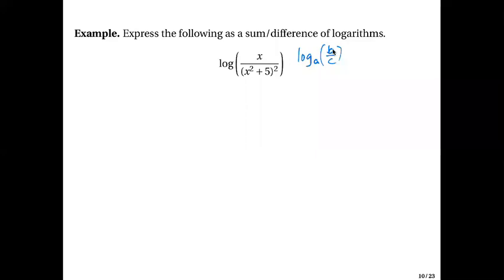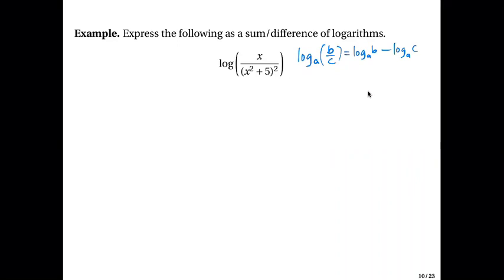So log of b over c with base a is equal to log of b with base a minus log of c with base a. So for the denominators, we put minus. For the numerators, we put plus.